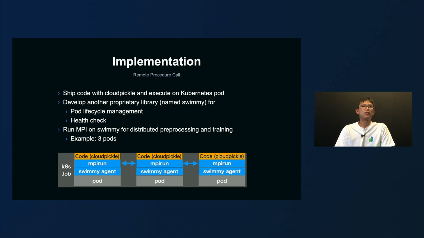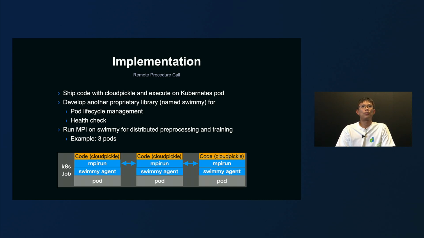I will now explain about remote execution of user calls. Basically, the Python program written by the user will be executed by sending it to the Kubernetes pod using Cloud Pickle. About execution on Kubernetes, we internally developed another proprietary library called Sweeney to abstract the setting of Kubernetes.